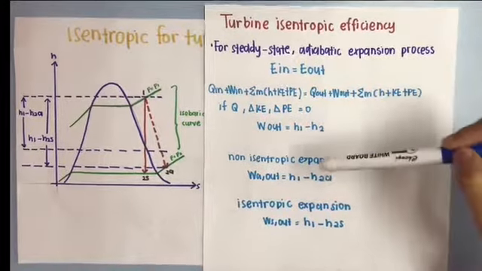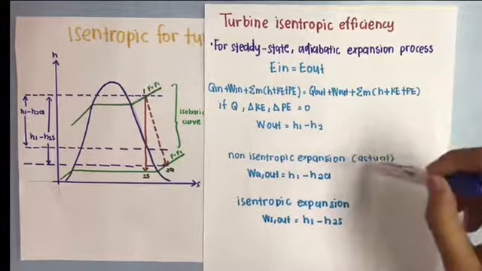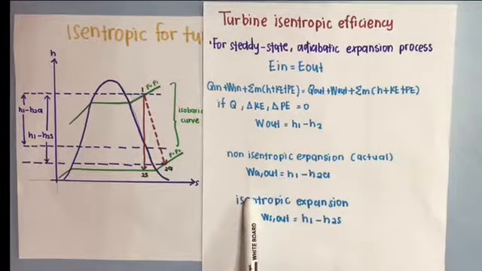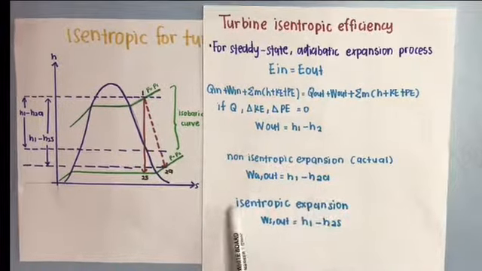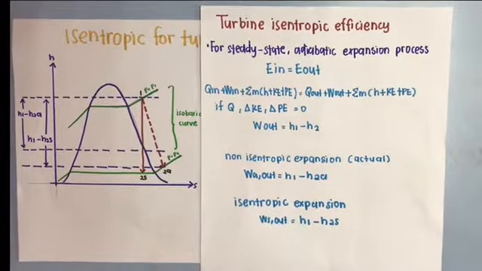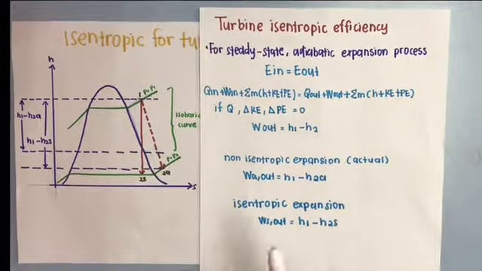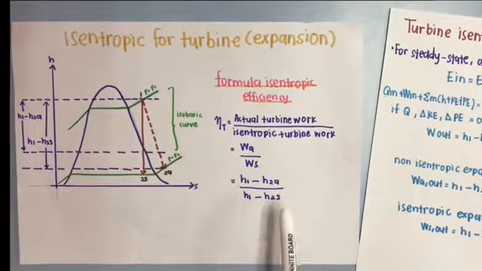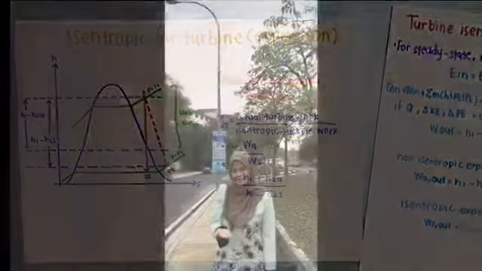For the non-isentropic or actual expansion, WA out equals H1 minus H2A, and for isentropic expansion, WS out equals H1 minus H2S, which is how we get the formula for the isentropic efficiency.